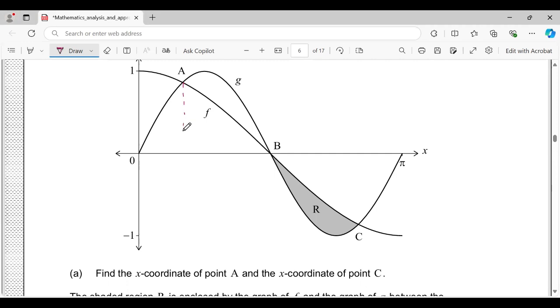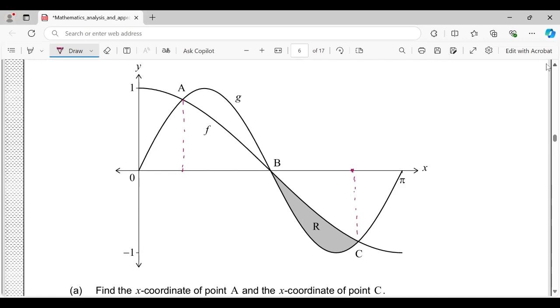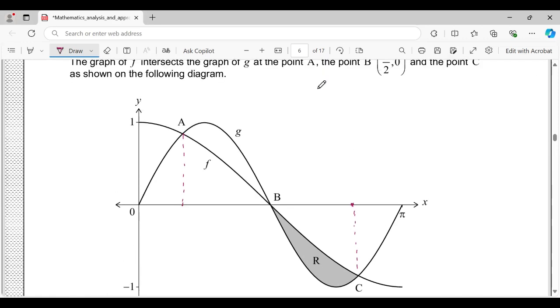Okay, find the x coordinate of point A and the x coordinate of point C. To find that coordinate point, I'm going to write here that f(x) equals g(x).